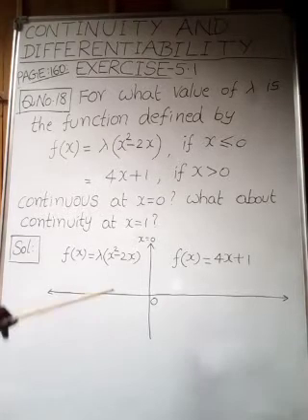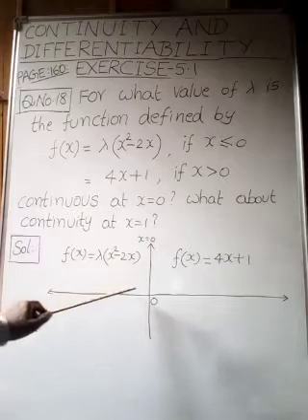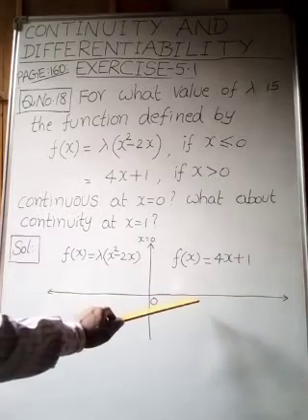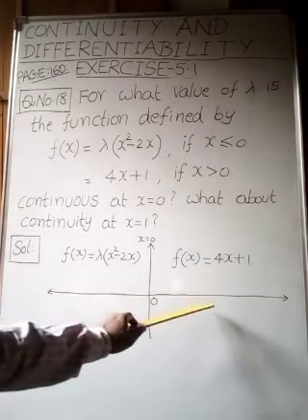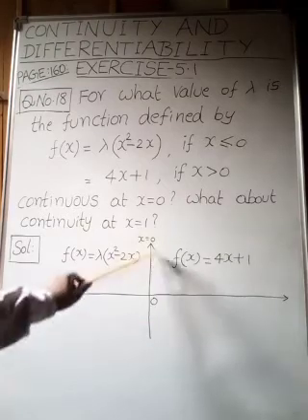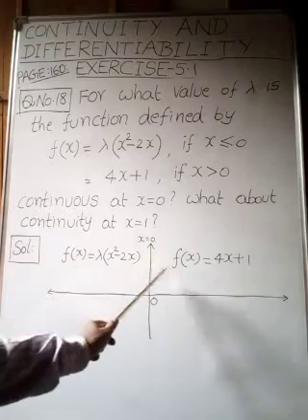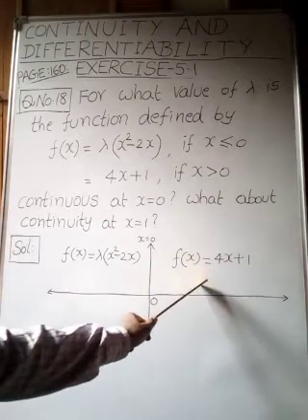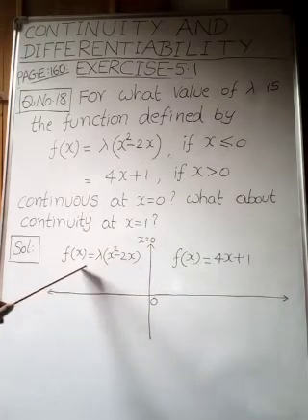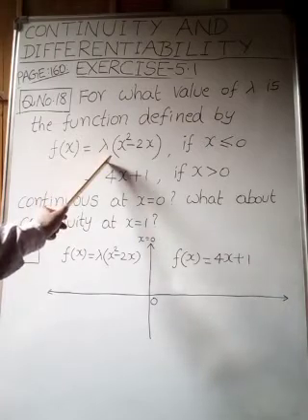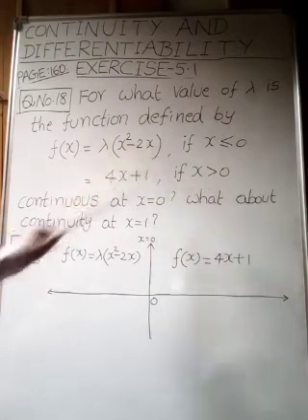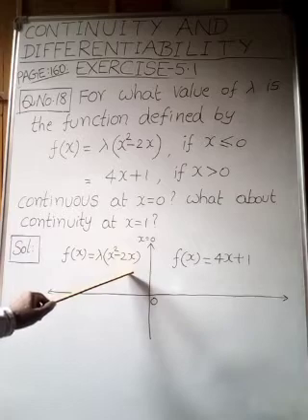Right. Now I am giving here pictorial representation of the function f on the number line. Here x is equal to 0. Left side means less than 0. Right side of this line is greater than 0. So f of x is defined as lambda of x square minus 2x if x is less than 0.